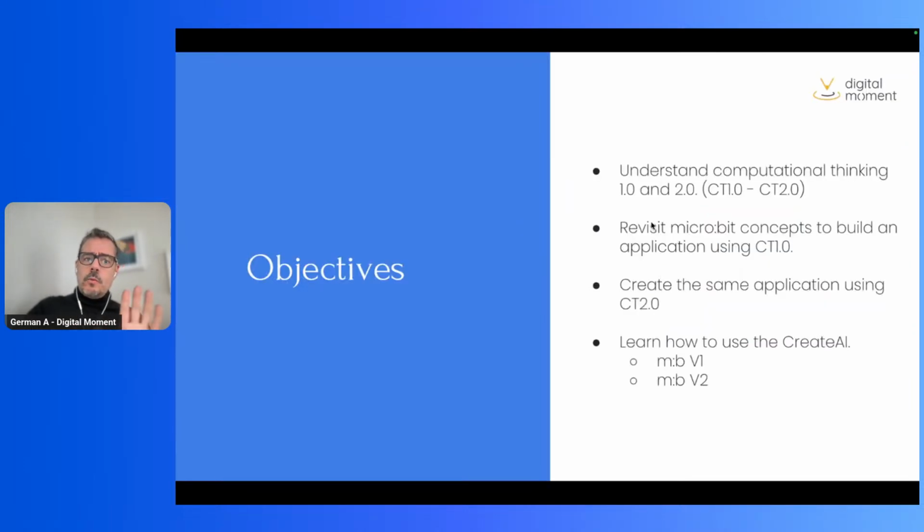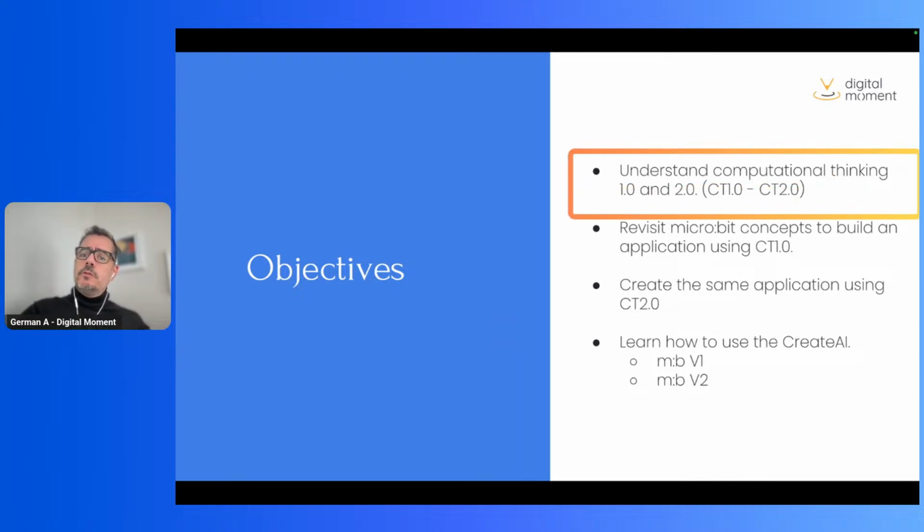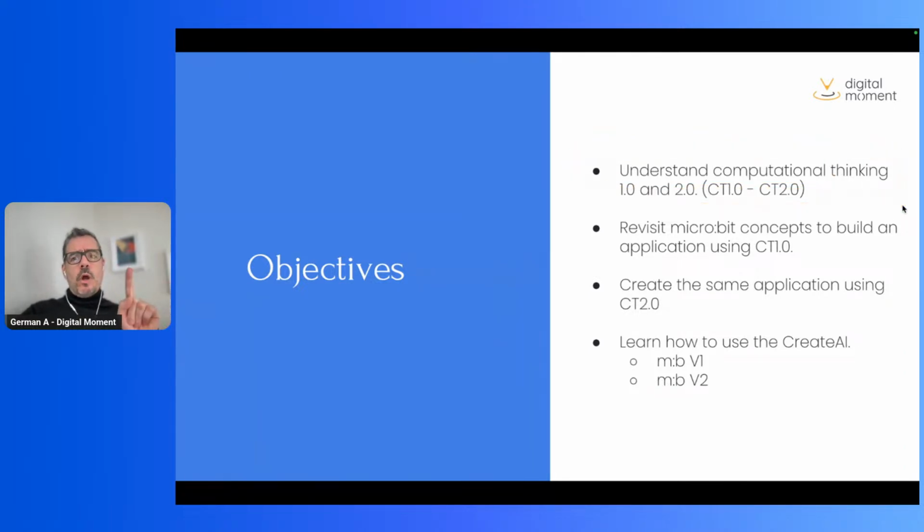That is the idea. So we have four objectives. The first one is we're going to dig deep a little bit to understand computational thinking 1.0 and computational thinking 2.0. We've been working with computational thinking 1.0 for a long time, but this is going to be the foundation of where we are trying to go, and we're going to explore the difference between the two.